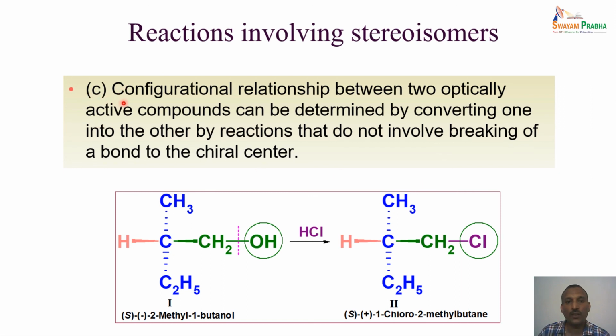The next one is that the configurational relationship of two optically active compounds can be determined by converting one to the other in a way that does not involve breaking of a bond at the chiral center. This is the extension of the previous one. We already know that when no bond at the chiral center is broken, the configuration of the starting material and the end product are going to be the same, irrespective of whether both are R isomers or S isomers.